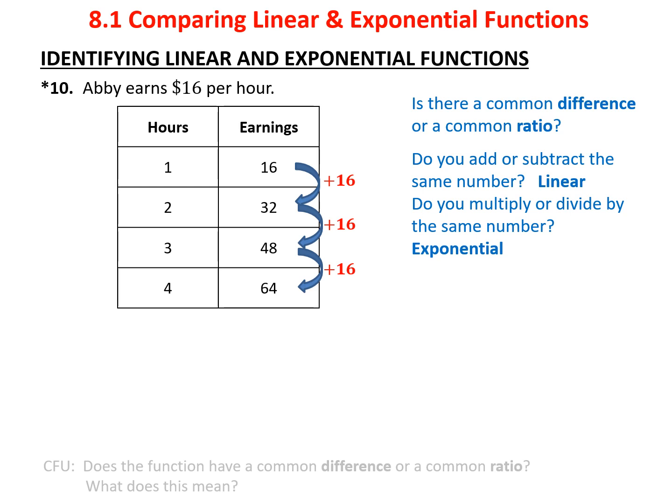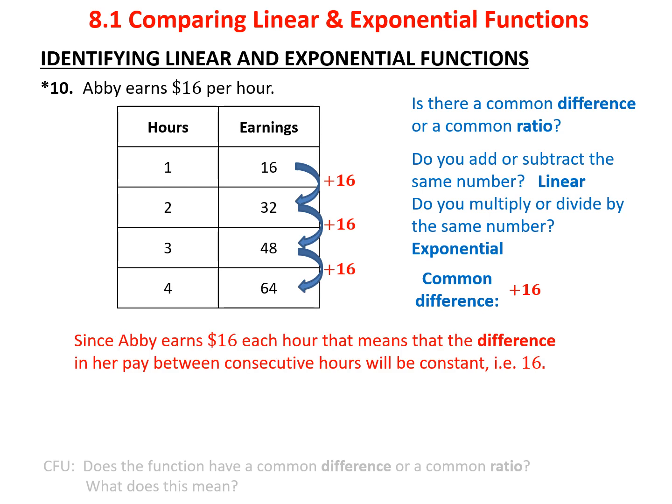So when you have something that's going up by the same amount, you have a linear equation because there's a common difference. 32 minus 16 is 16. All right. Since Abby earns $16 each hour, that means the difference in her pay between consecutive hours will be constant, 16. This is a linear function.